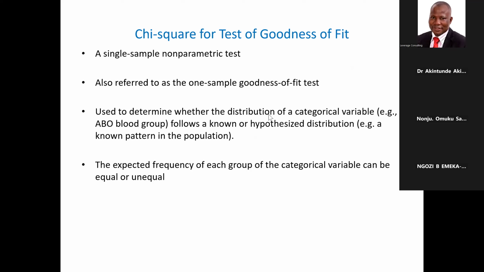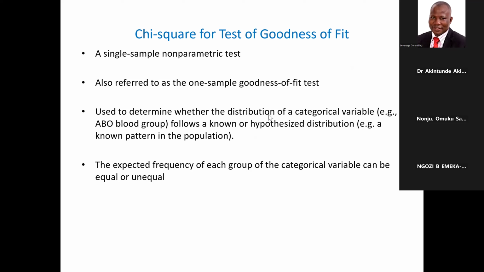In the ABO system, we have A, B, AB, and O, 4 categories. Work that has been done before, an epidemiological survey or whatever, in the particular environment will show you the proportion of each category of blood group.